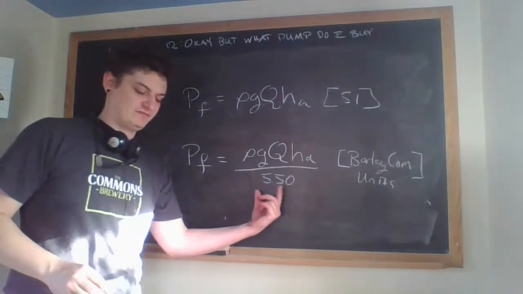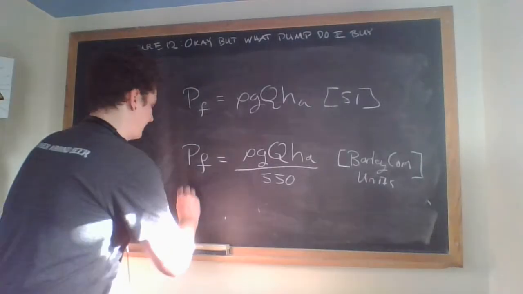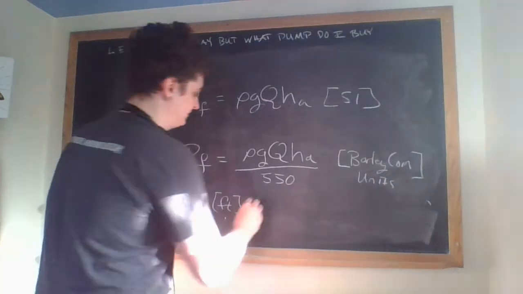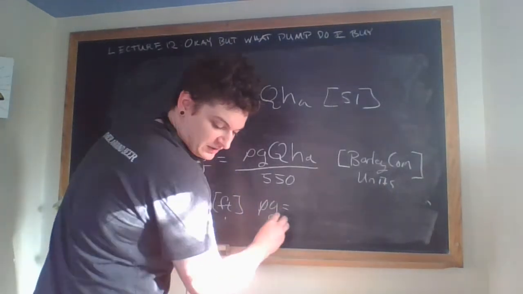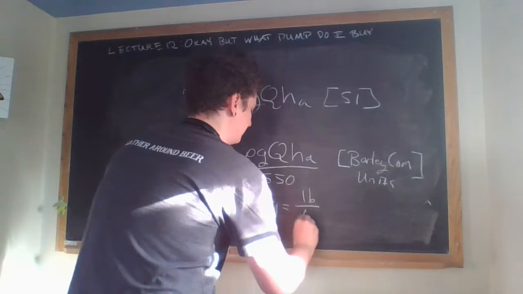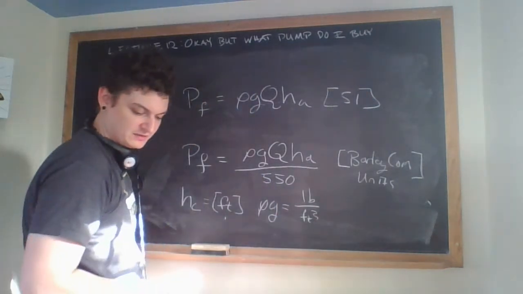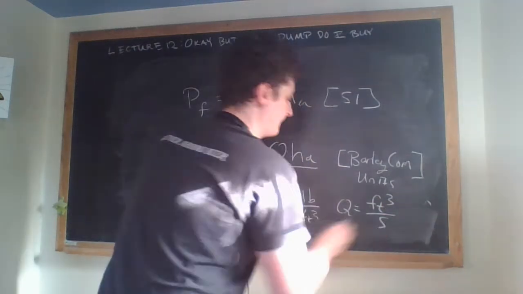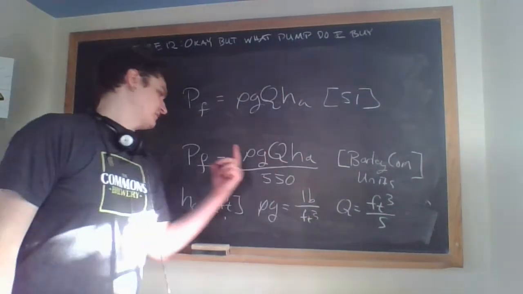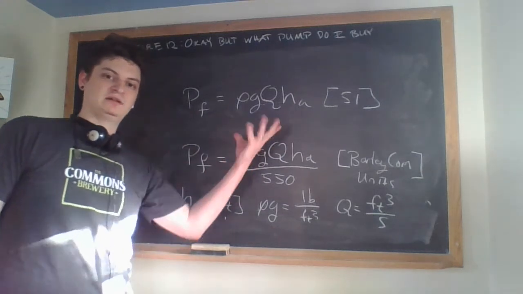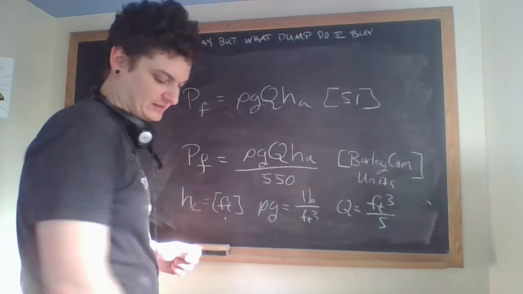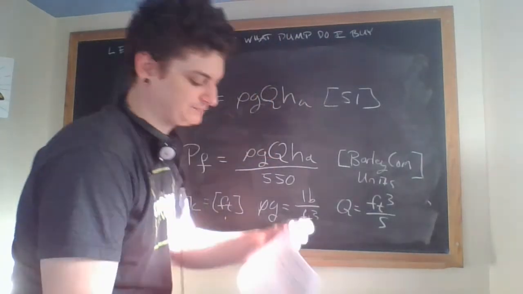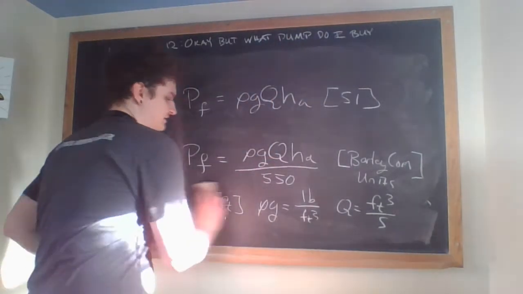You just divide by 550, and that goes with the added condition that your H_A needs to be in feet, rho G has to be in pounds per foot cubed, and your Q is in cubic feet per second. These are the units that have to work for the power supplied to the fluid to get the horsepower. You already did that with the project, so I don't need to go over it too much.